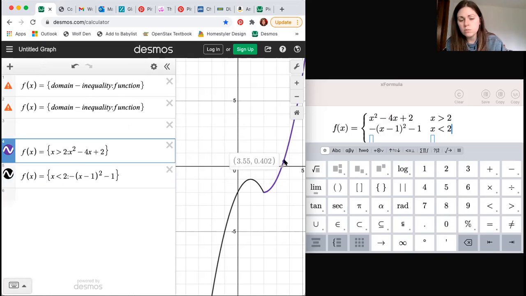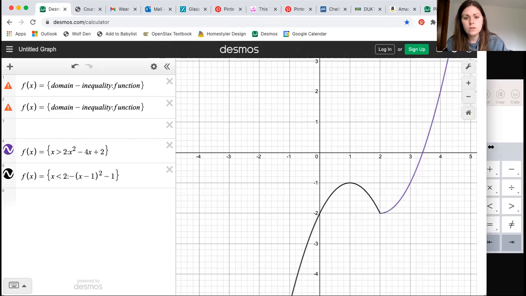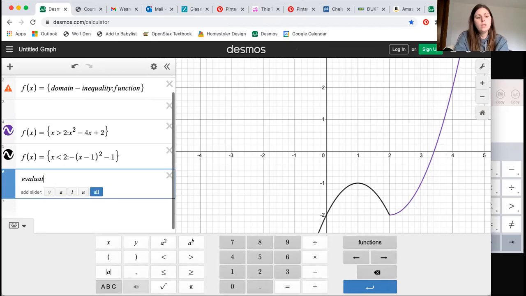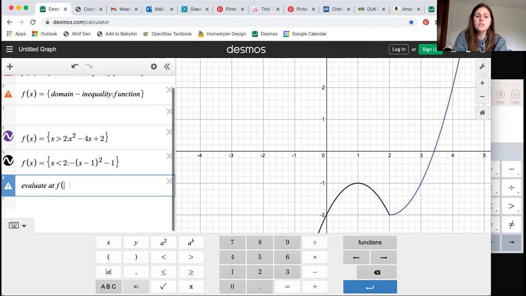If I'm looking at coordinate points over here in purple, so like 3.4, 0, that x value is found in this purple section of my piecewise function. Okay, so what does that mean? Well, what if I ask you to evaluate this piecewise function at f of -2, which means when the x value is -2, what is the y value?